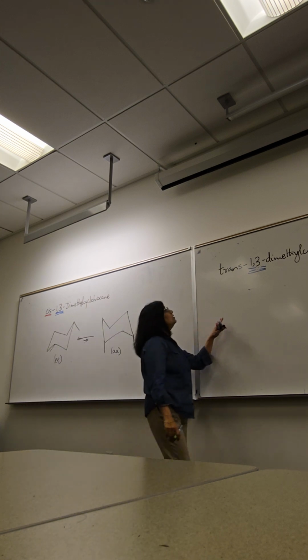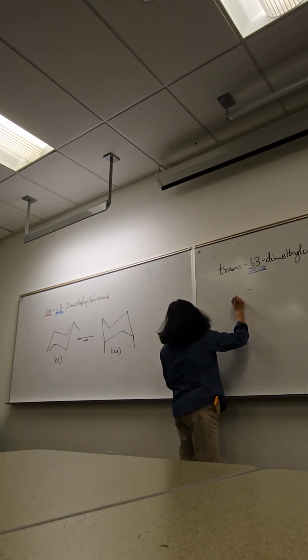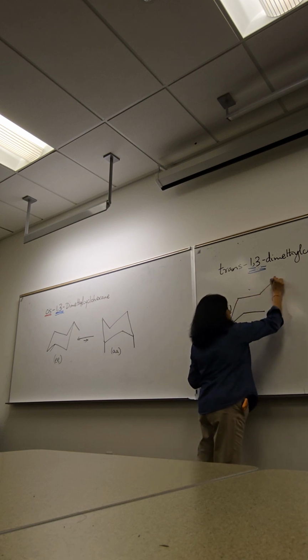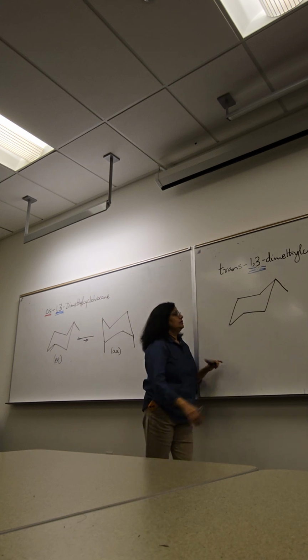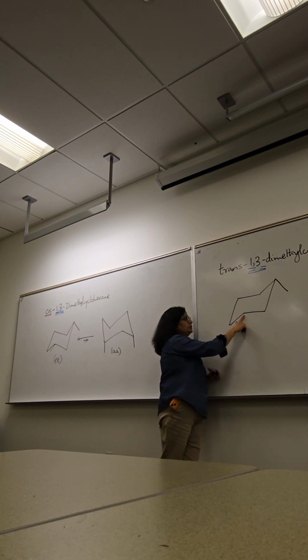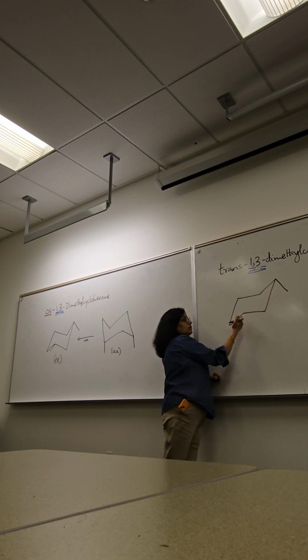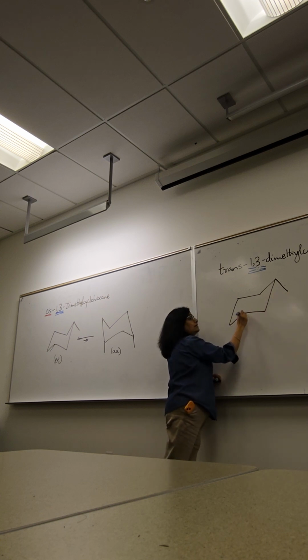Let's do the same for trans. If I made that equatorial, what should the second methyl be in order to be trans? Pointed up, and is that axial or equatorial? Axial.